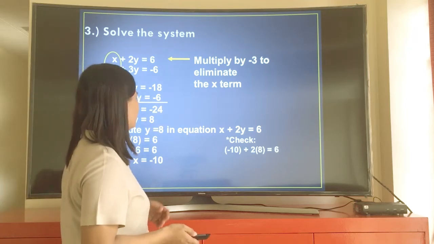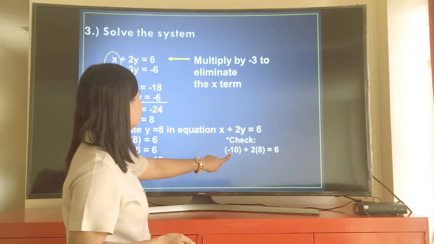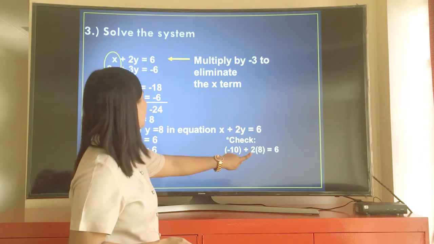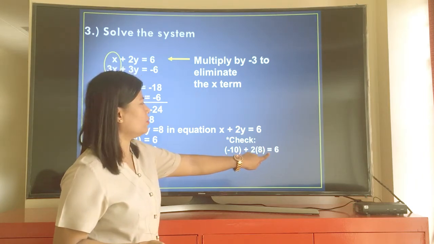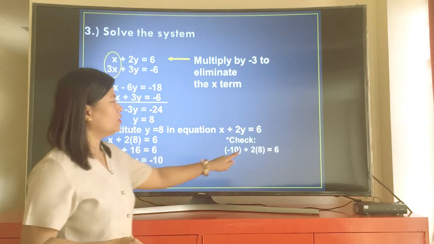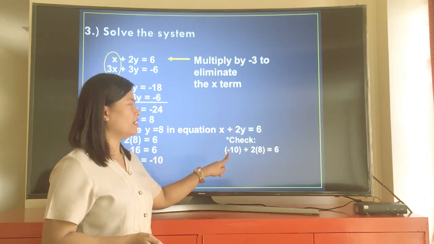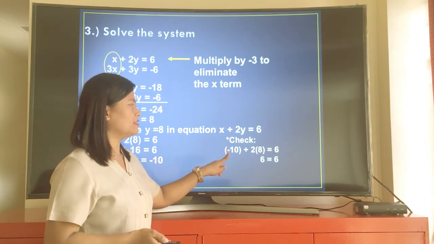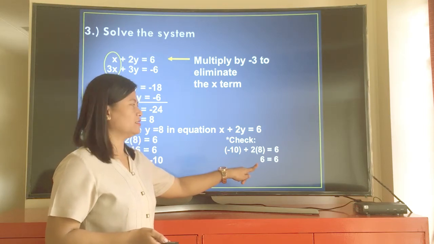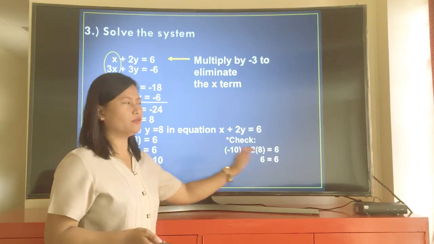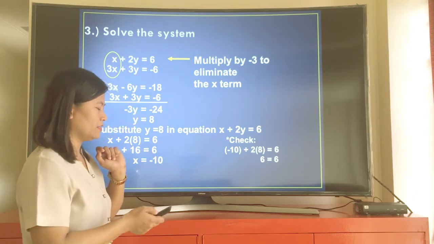In equation 1, our x is negative 10 plus 2 times our y, 8, is equal to 6. 2 times 8 is 16. Negative 10 plus 16 is 6. So we have 6 is equal to 6, true.